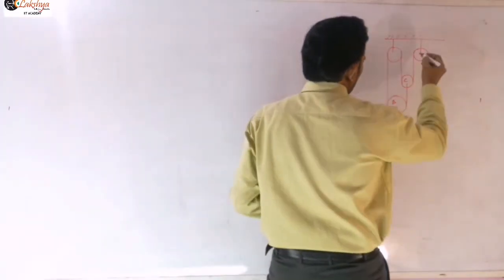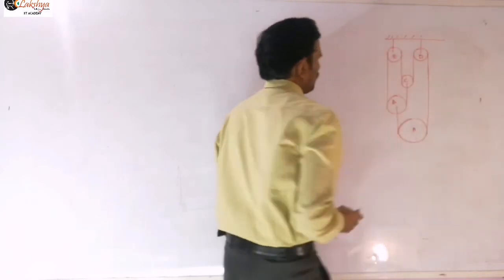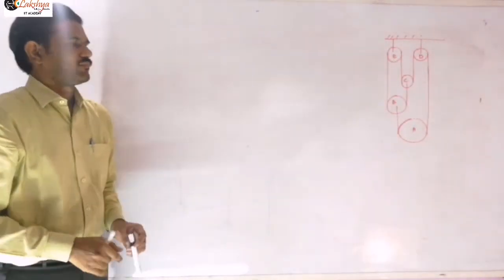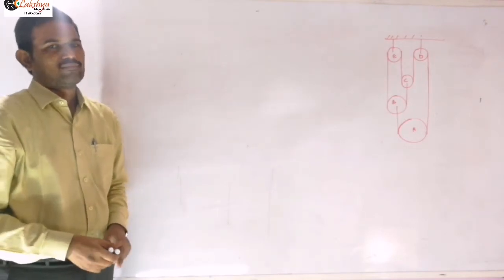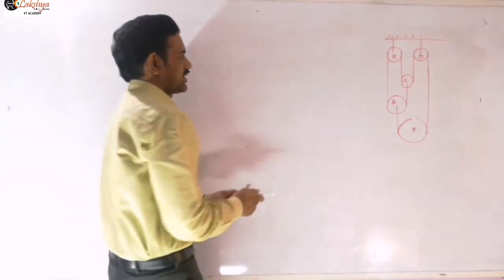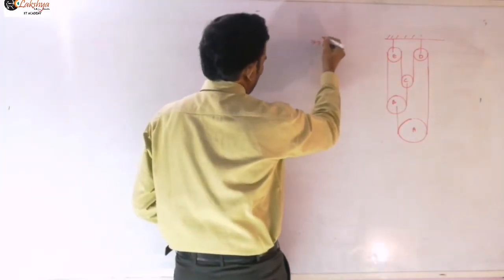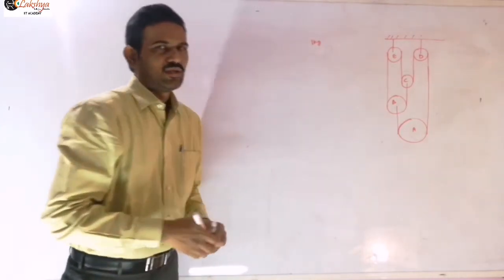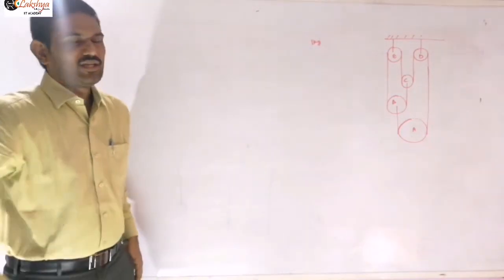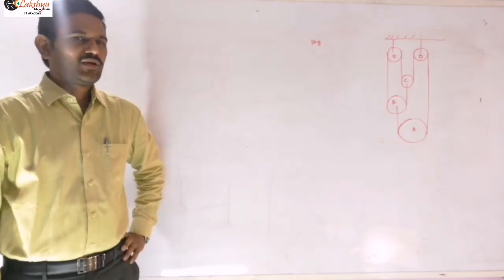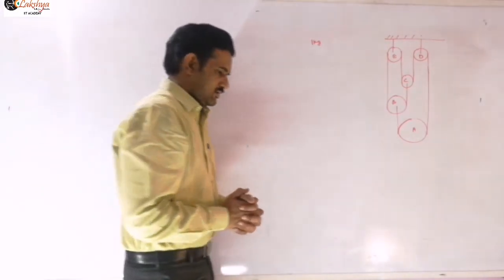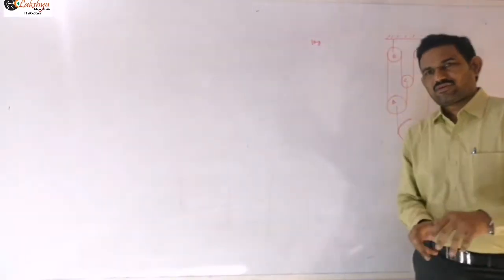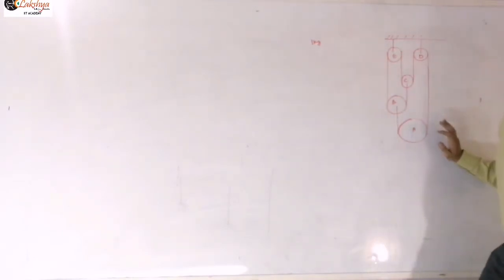In the system shown in figure, the pulleys A, B, C are having mass 1 kg each, and D and E are frictionless and massless. All are frictionless only. D and E are massless there. Mention that D and E are massless.